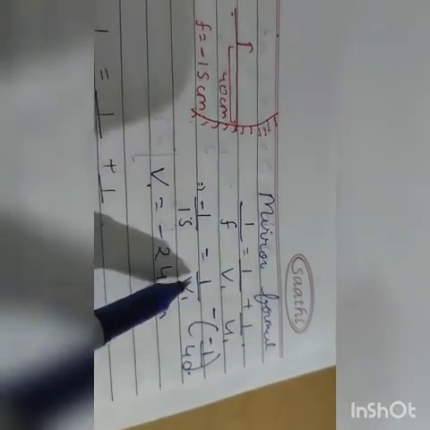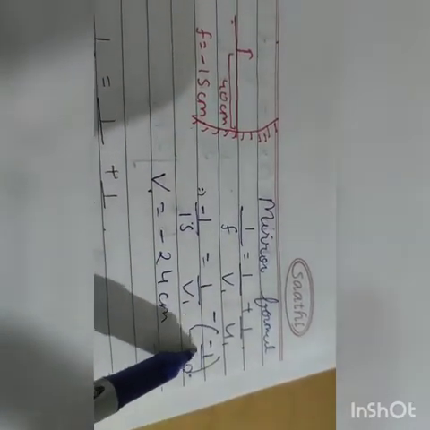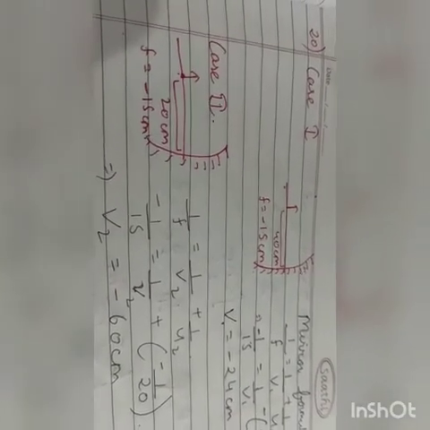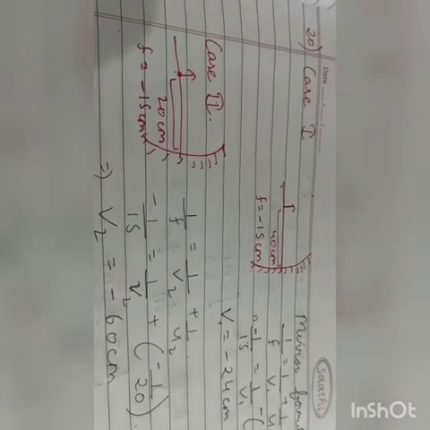So minus 1 by 15 equals 1 by V1 plus 1 by minus 40. After substituting the values, we get V1 equal to minus 24 centimeters. This was our first image distance, when the object was at 40 centimeters.